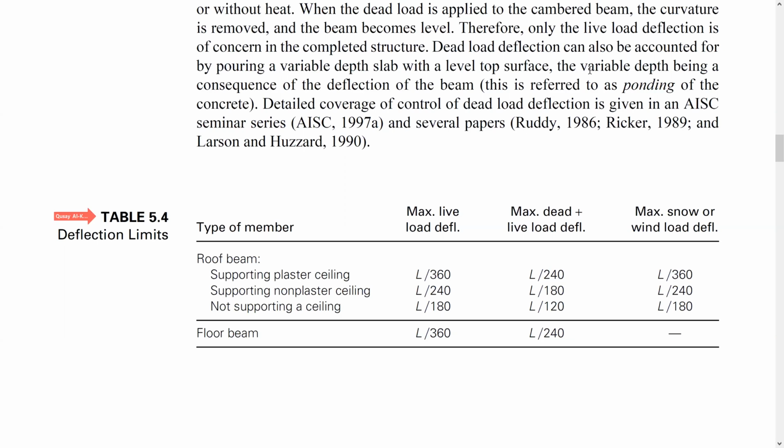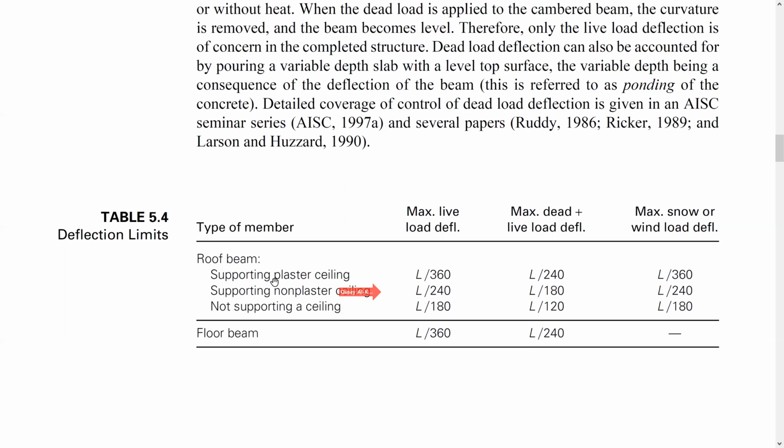So all the time, as I mentioned to you, we have limits for the vertical deflection. If you look at Table 5.4, deflection limits, this gives you the types of members. This is the maximum live load deflection, or total load deflection: dead load plus live load, snow and wind load.